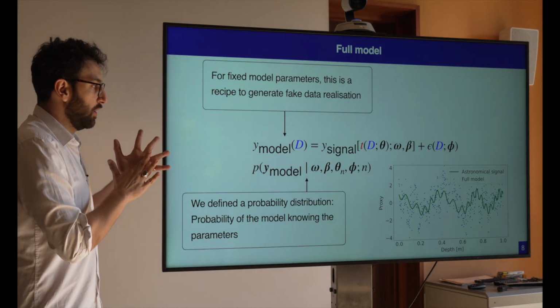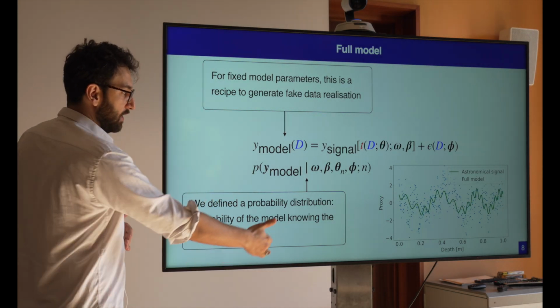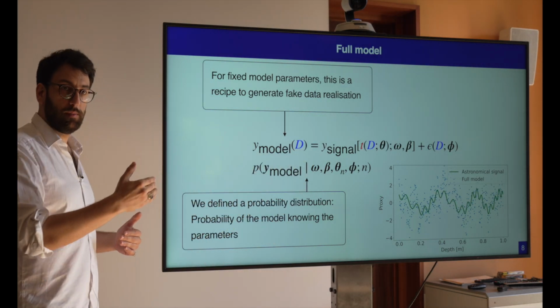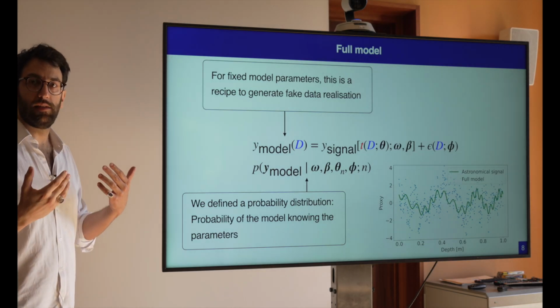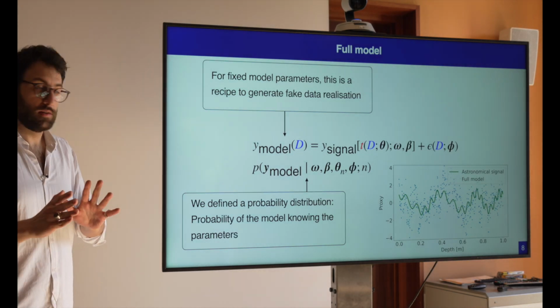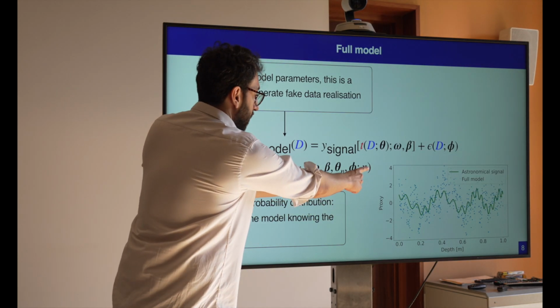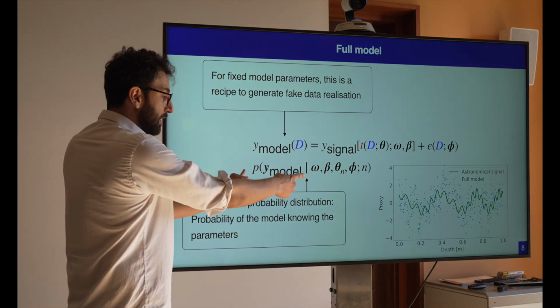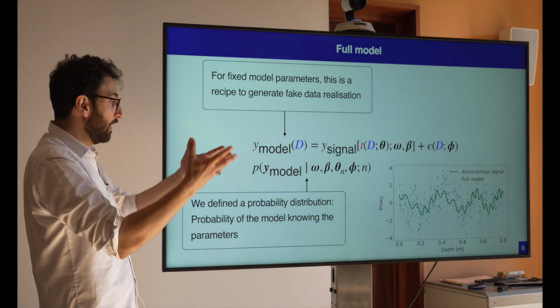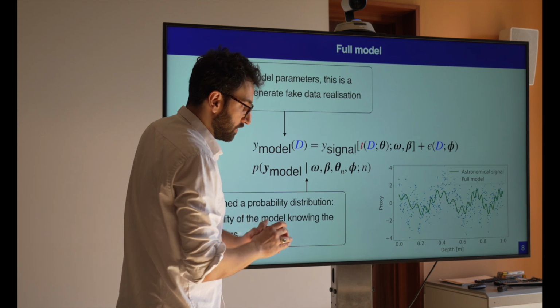And so, in case it wasn't clear yesterday, this vertical bar, this pipe here, is the probabilistic notation for knowing. So these are fixed. This is what I know, and I want the probability of this fake data knowing the parameters.